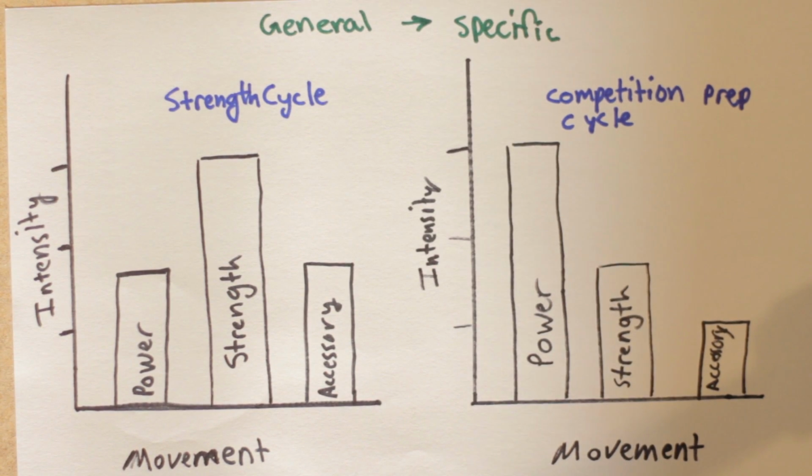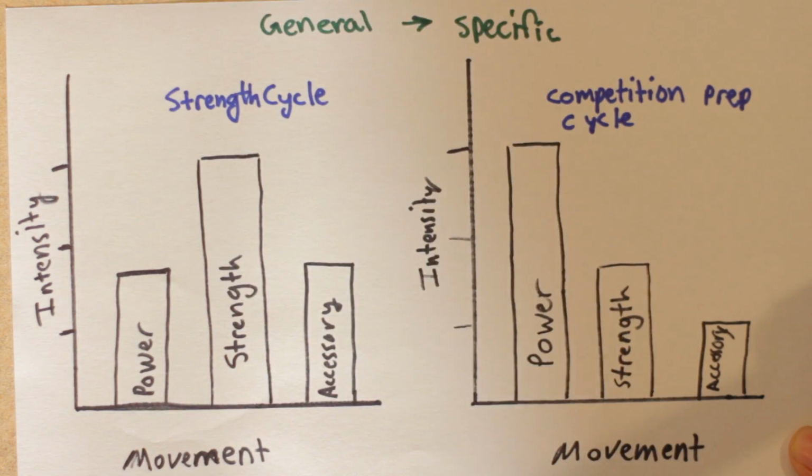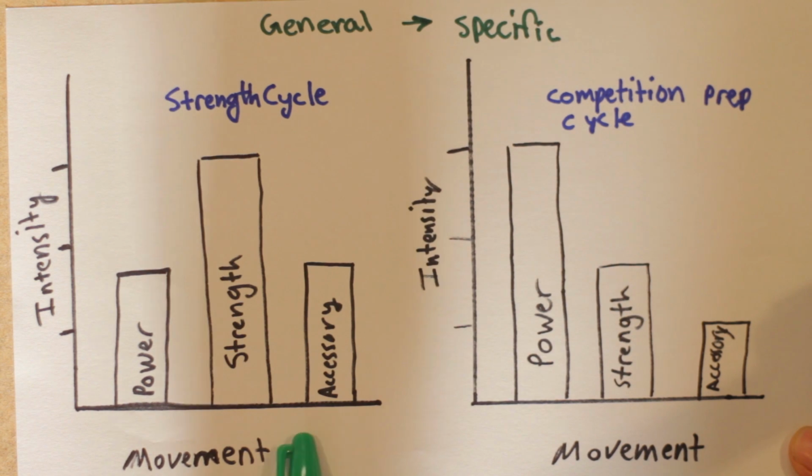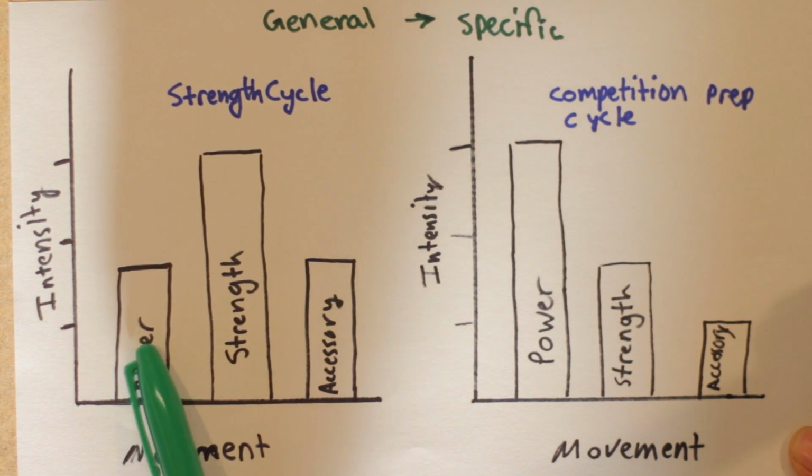Now, it's important to understand the fundamental purpose of periodization, and that is moving from general to specific. If my goal is to increase my snatch and clean and jerk, maximum strength does play a part in this. My maximum strength work intensity outweighs the intensity of my specific work to the snatch or clean and jerk.